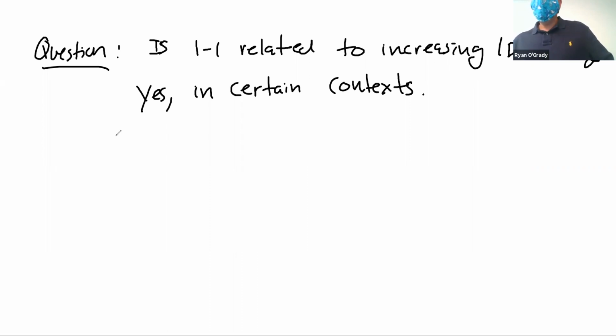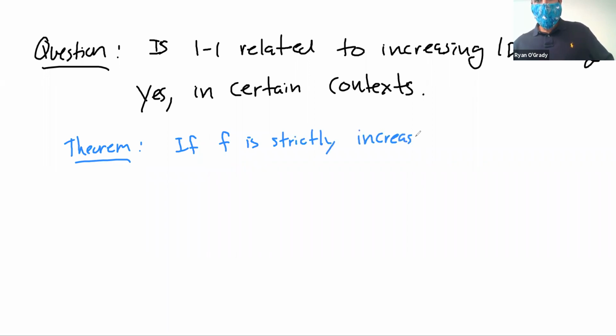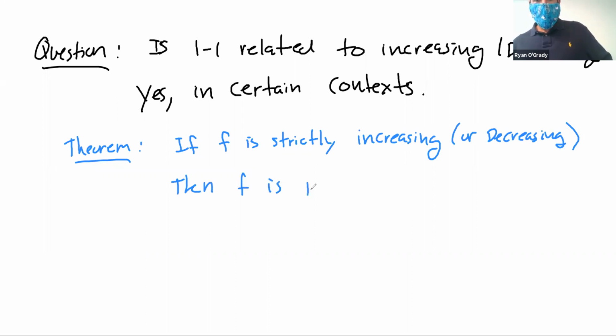Here we go. Theorem: if f is strictly increasing or decreasing, then f is one-to-one. You'd have to remember what these things mean, and you can define them for yourself just to remember what increasing and decreasing mean.